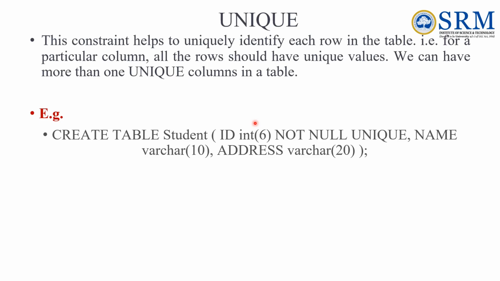Each person will have a different, unique value that does not match any other value. Here again, CREATE TABLE student, ID, data type, NOT NULL, which we have already seen, and again UNIQUE. Both constraints can be implemented for a particular field. Then name and address are not given any constraint.